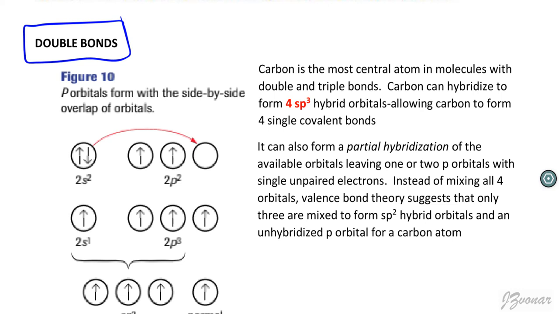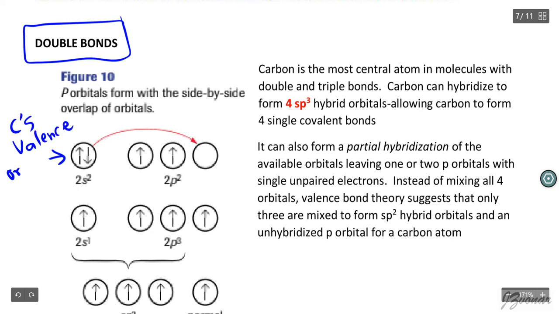If we recall, this row here represents carbon's valence orbitals. As we see, this electron is promoted to the empty p orbital.